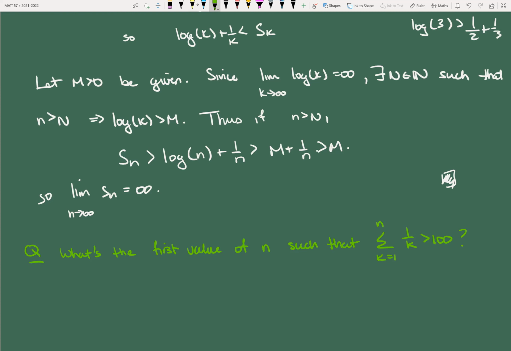Because we just said the series goes to infinity, right? It explodes, it gets arbitrarily big. What's the first value of n such that this is true? What does Wolfram Alpha tell you?